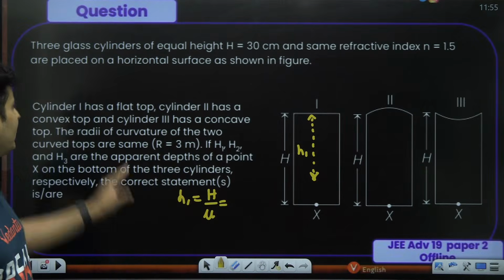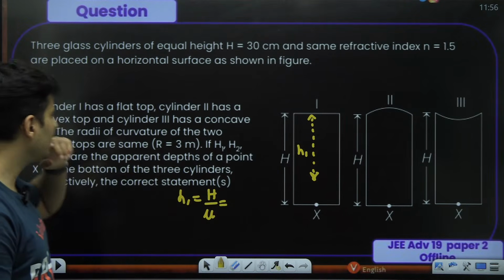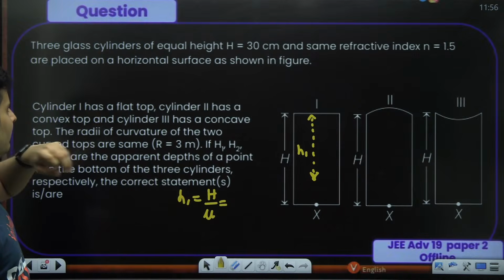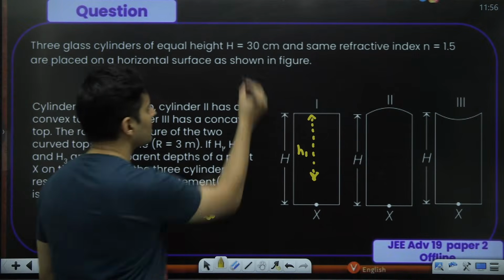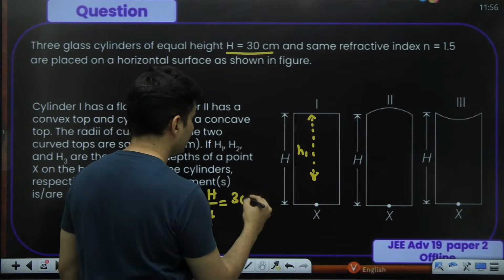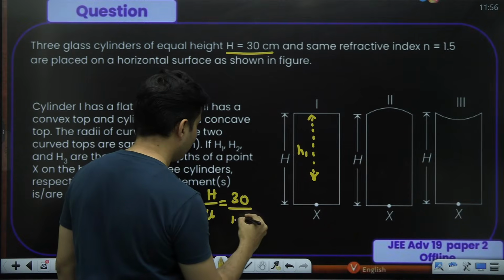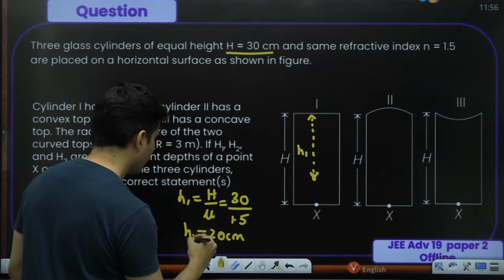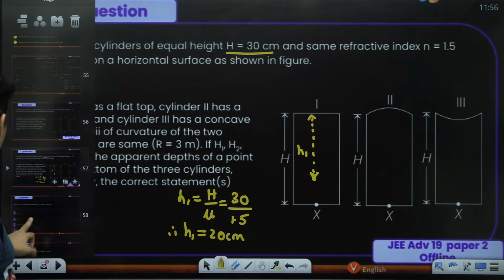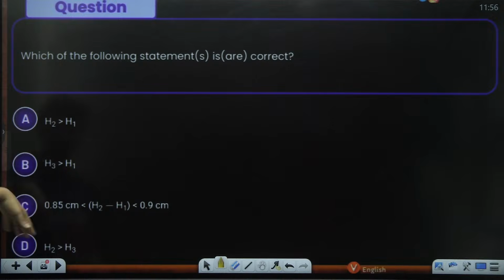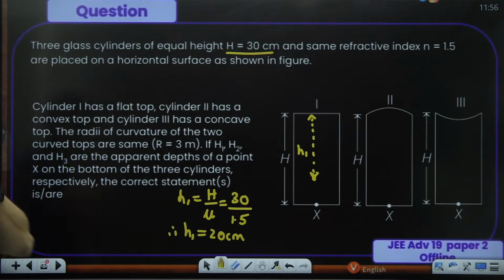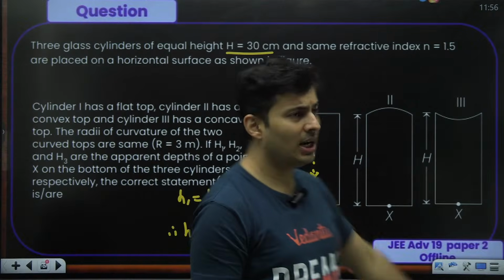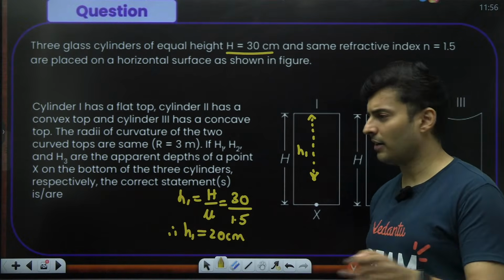Directly you can say for a flat surface, the original height is 30 centimeters and mu is 1.5. So 30 divided by 1.5 will become 20 centimeters. So H1 is 20 centimeters. Now for the second part and the third part, use the curved surface refraction formula.